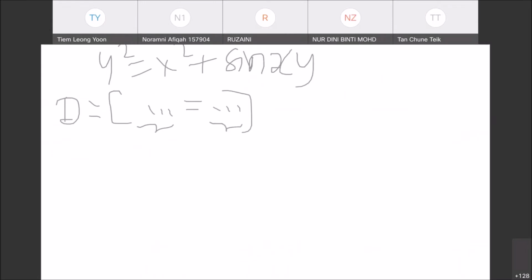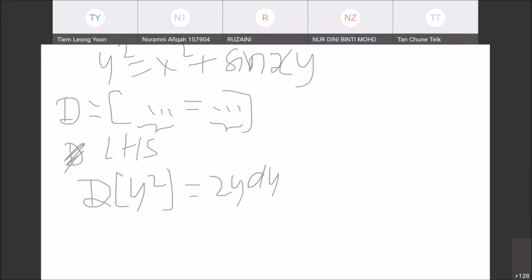So when you apply the derivative to the left hand side, which is an expression of y squared, the left hand side is just equal to 2y dy dx.